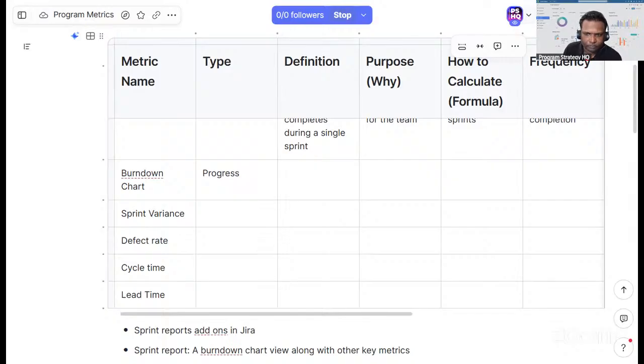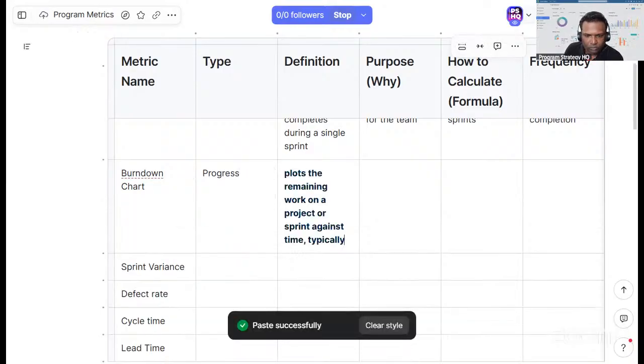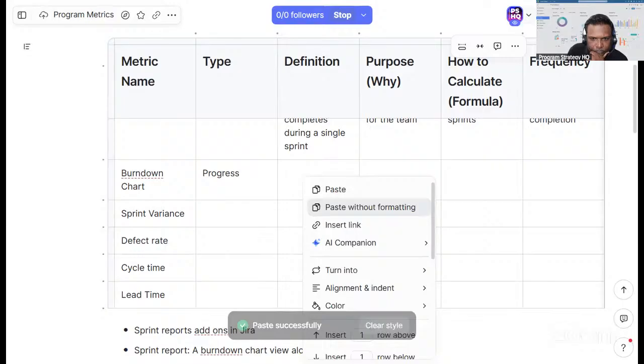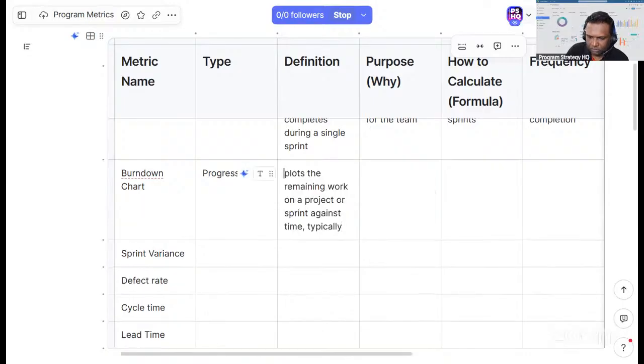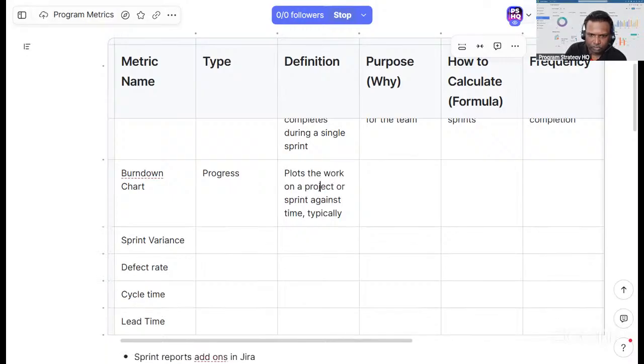A burn down chart typically plots the work on a project or sprint against time. So the time you take in y-axis.